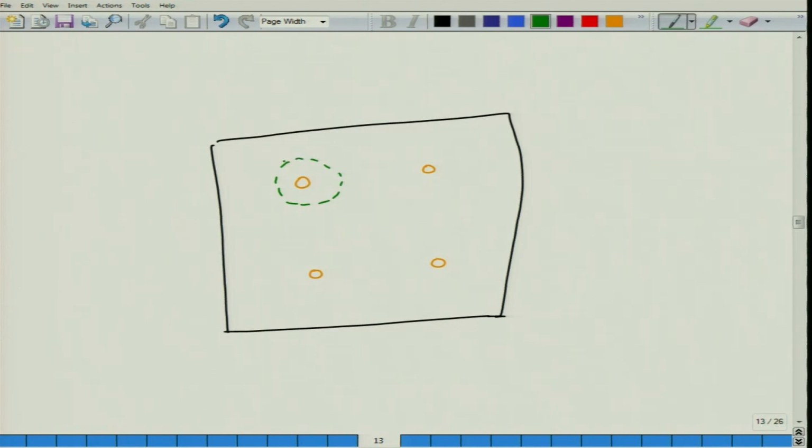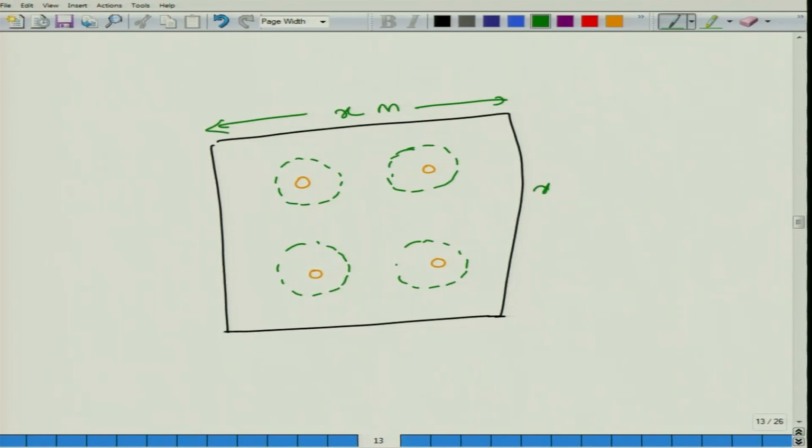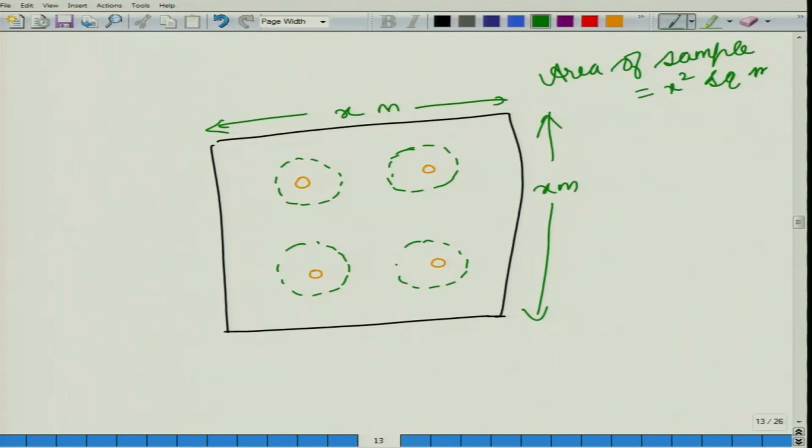If we know the number of trees per unit area and the crown diameter, suppose this area is x meters by x meters, so we are considering a squarish cross section. So the area of the sample is given by x squared square meters.